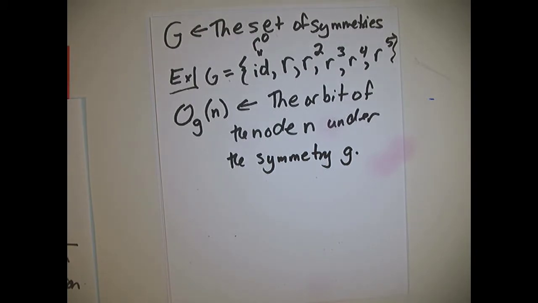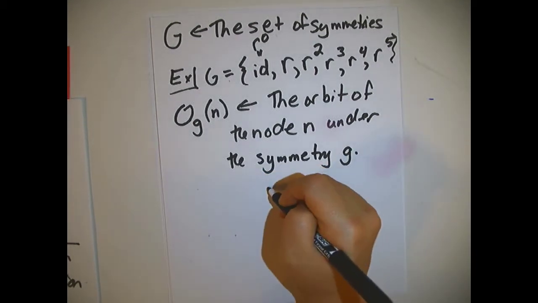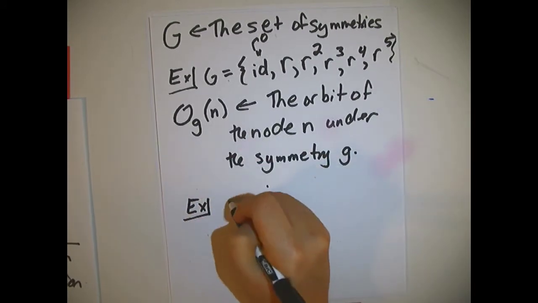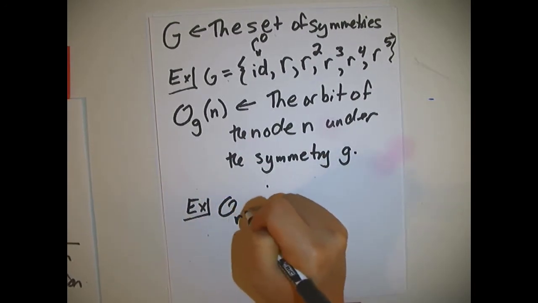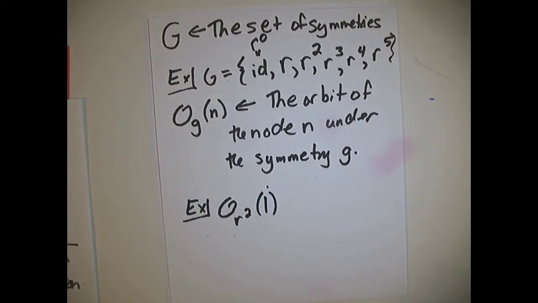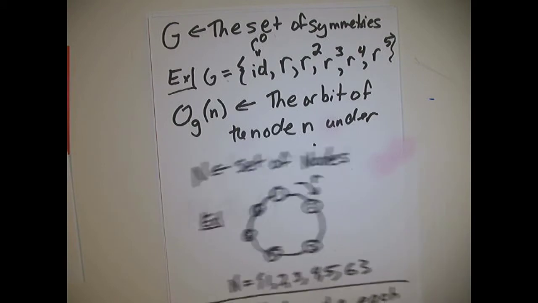So what is this? Let's think about a specific case. I'm going to do O of r squared of 1 back in our 6-bead necklace.